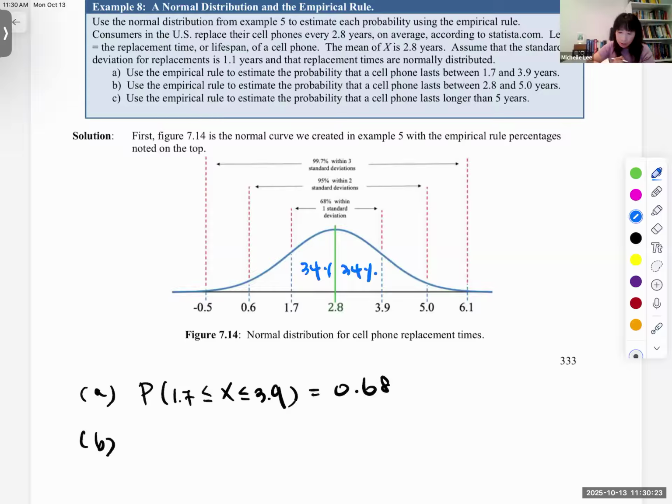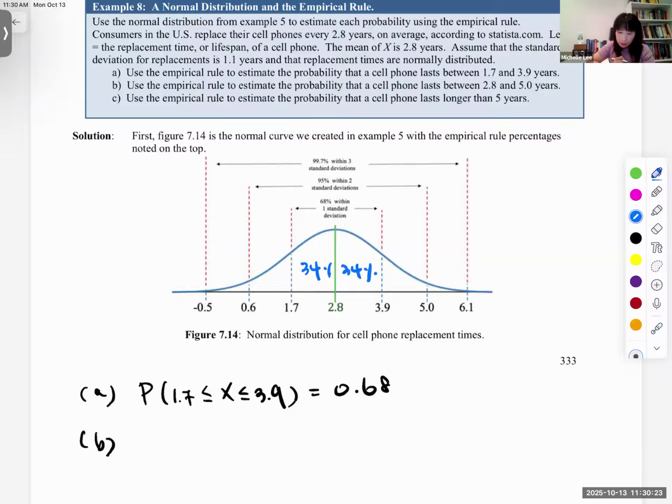And then 95% and 68% are occupied, right? So there will be 95% subtract 68%. So 95 minus 68 is 27%.